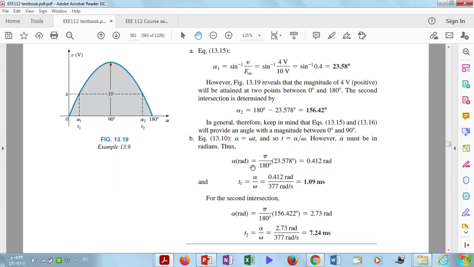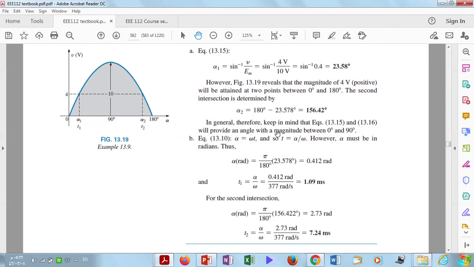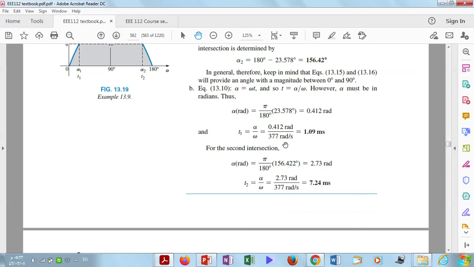Okay, if you need to convert it, part B: determine the time at which the magnitude is attained. This means you need the time. Convert it to radian, 23 pi over 180, it will come 0.412. And then apply the formula, which is t equals alpha over omega.